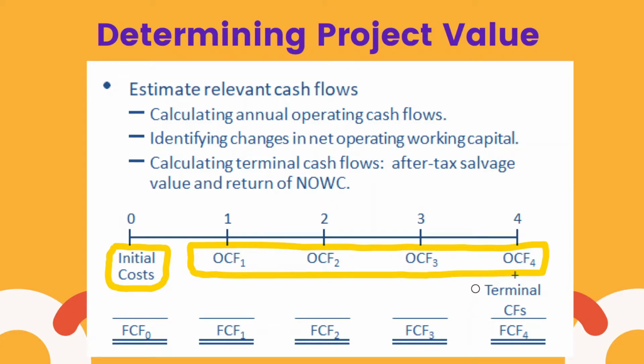The third group of cash flow suggests that when we finish or terminate the project, what will be the relevant cash flows? It's called the terminal cash flows. The terminal cash flow consists of the after-tax salvage value plus a recovery of net operating working capital that we have invested at the beginning of the project.